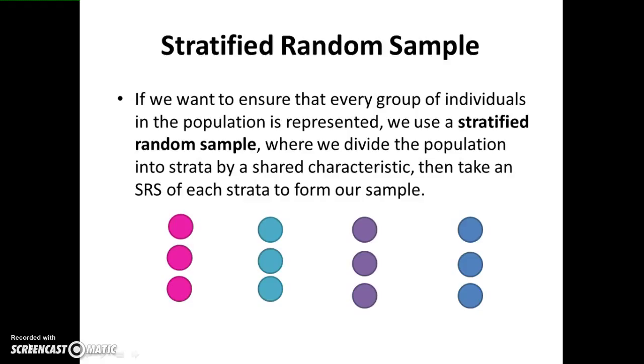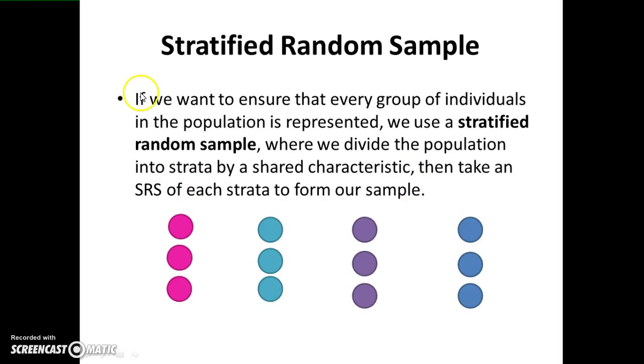So how can we fix this? We can fix this by taking a stratified random sample. What a stratified random sample does is it takes the population, all of the marbles, and divides them up into strata by some shared characteristic, in this case color, and then we take an SRS of each strata to form our sample.